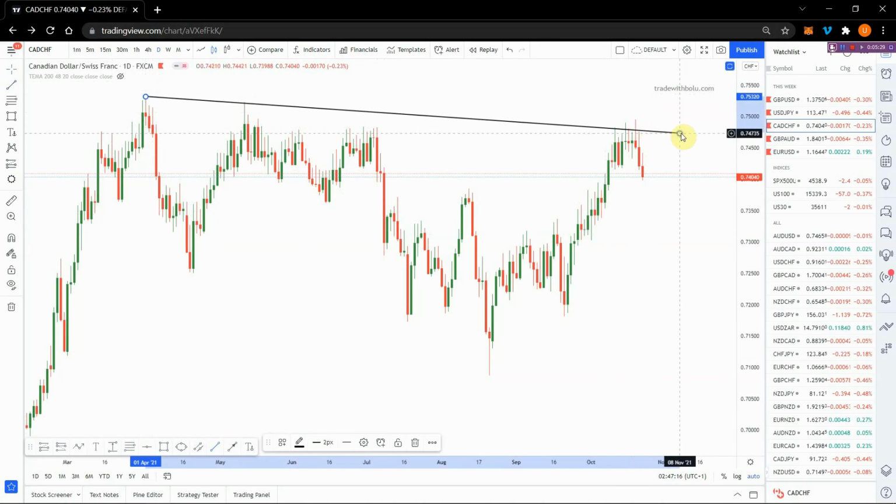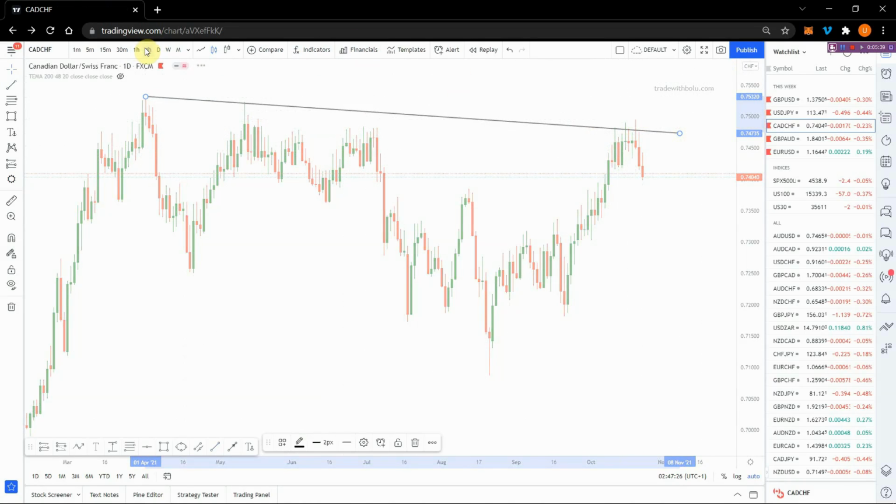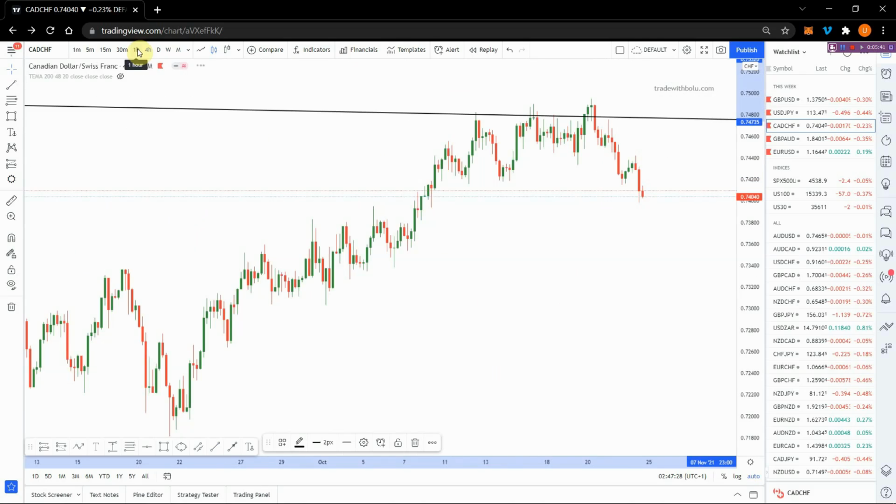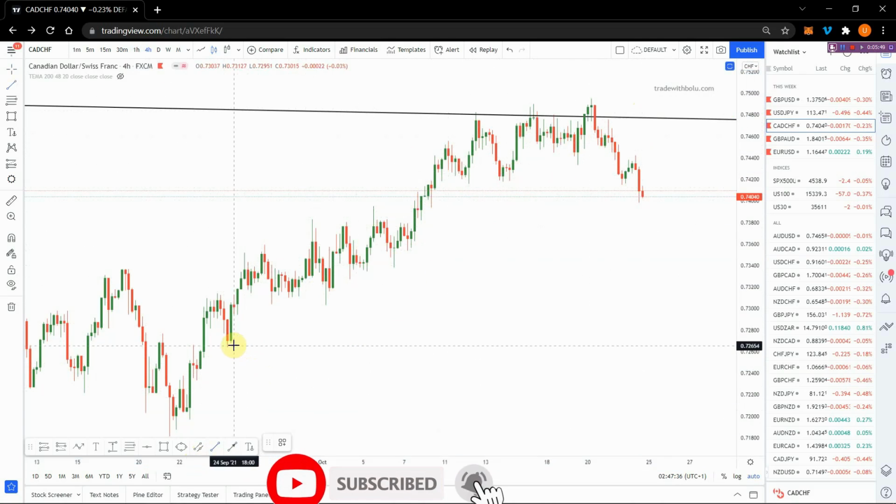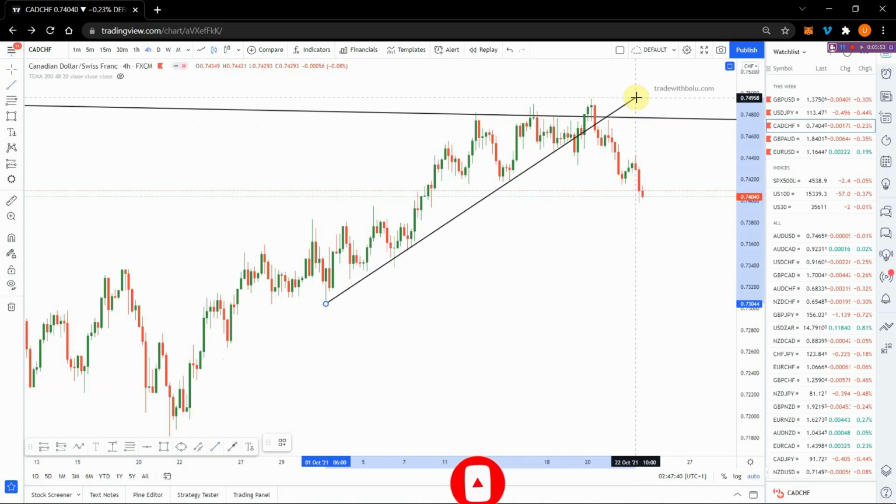Let's connect this high, and then market comes back to test it right there. So without much time wasting, you can see breaking market structure right there. It was supposed to be a trend line here that got shattered, right, and was connecting these points.